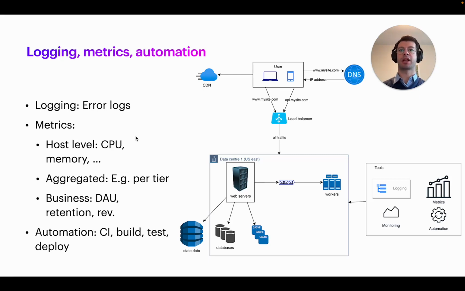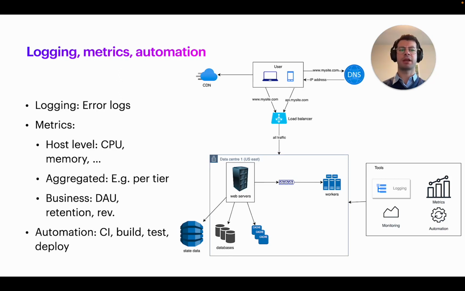For example, we can aggregate the performance metrics of the entire database tier and cache tier to one certain logging server, or sorry, metrics server. And maybe the most important part is obviously the business metrics, right? For example, daily active users, retention, revenue. These are the metrics that will enable us to grow our business.